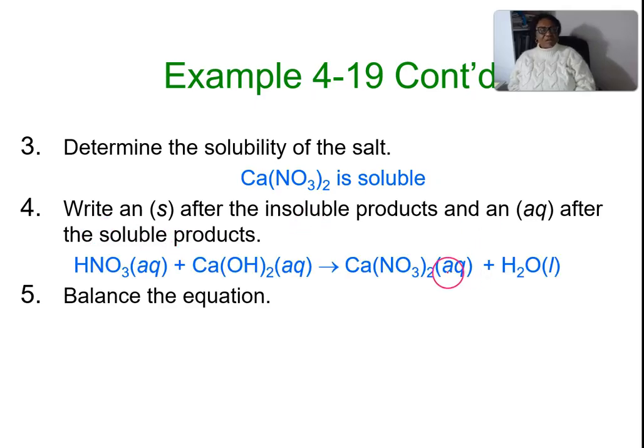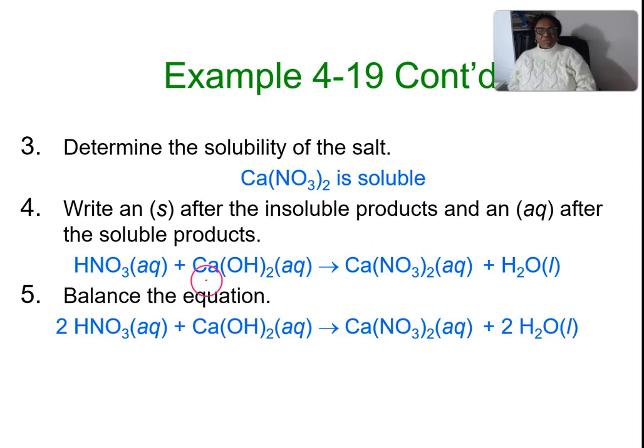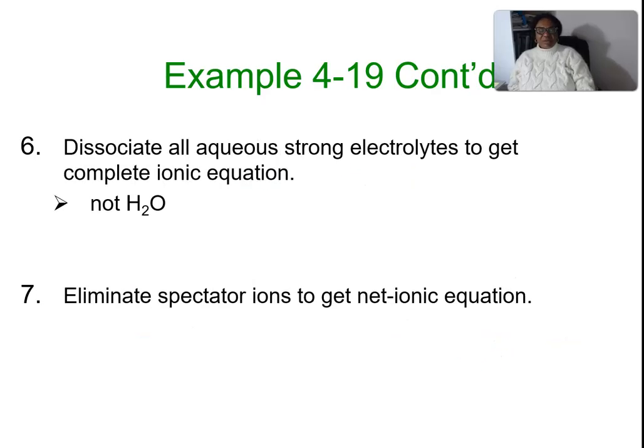So we are going to write AQ. We see this is L, so this is what is driving the reaction. So try to balance the equation. So when we balance the equation, you see we put 2 here and put 2 here. Now we want to eliminate the spectator ions.